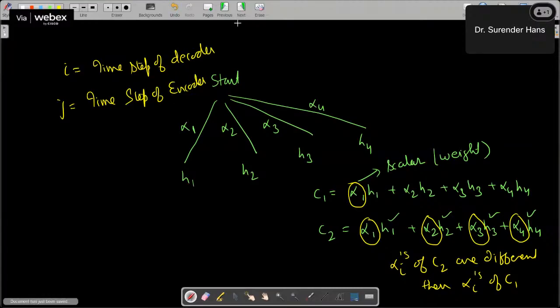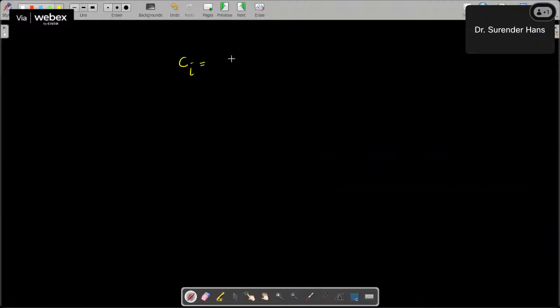So now this Ci is the sum of alpha ij hj. So C1 is equal to alpha 11 h1 plus alpha 12 h2 plus alpha 13 h3 plus alpha 14 h4.